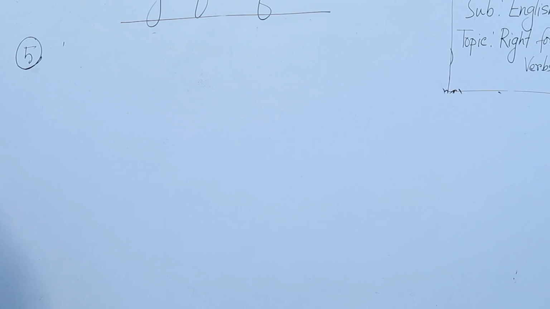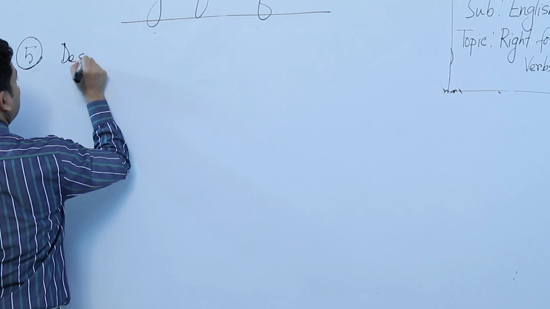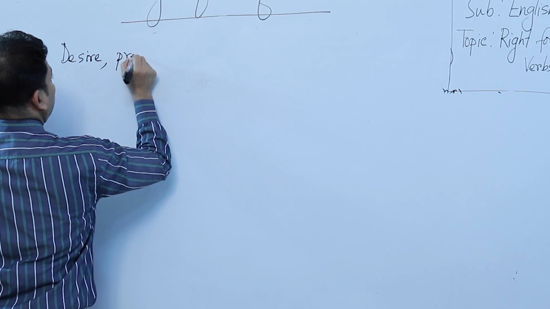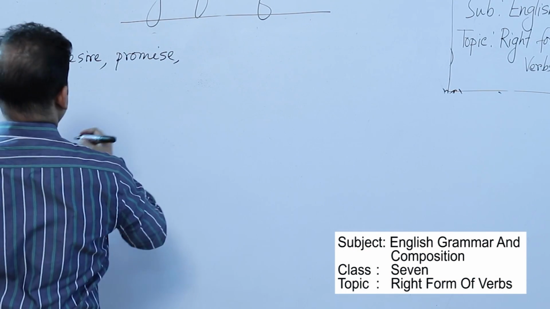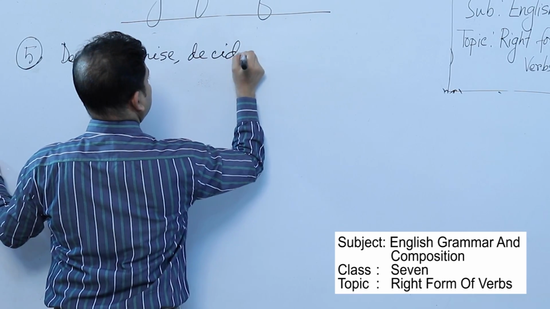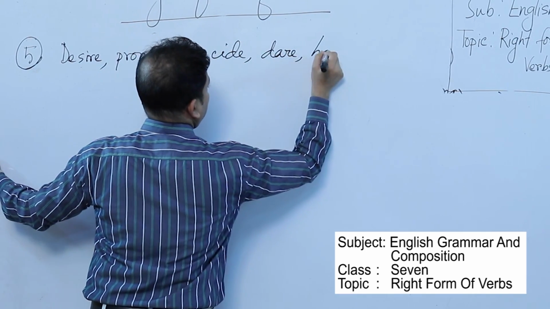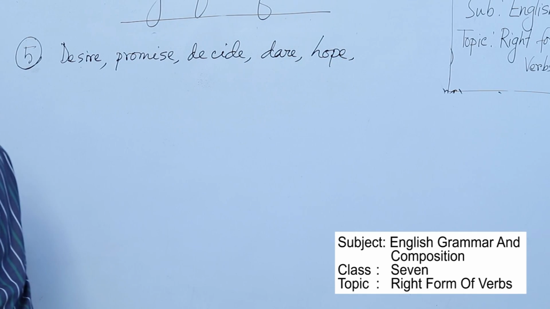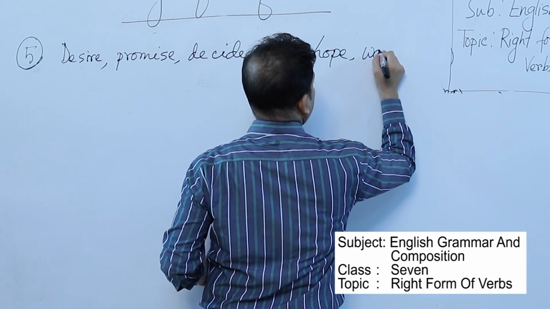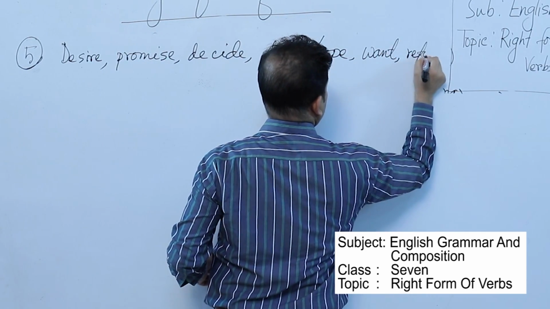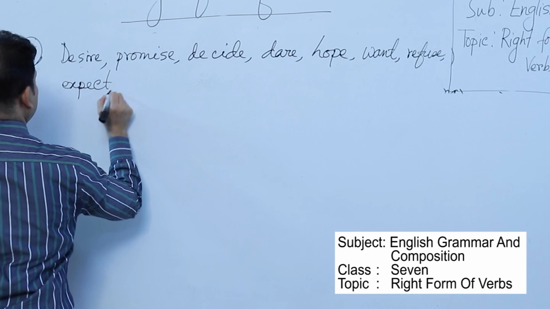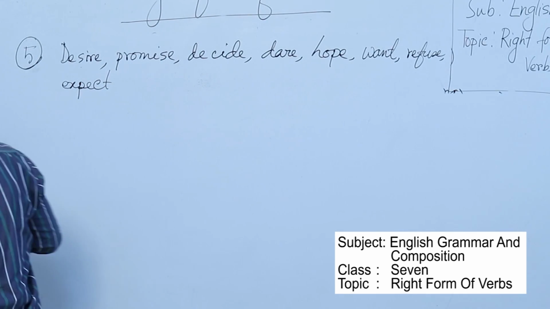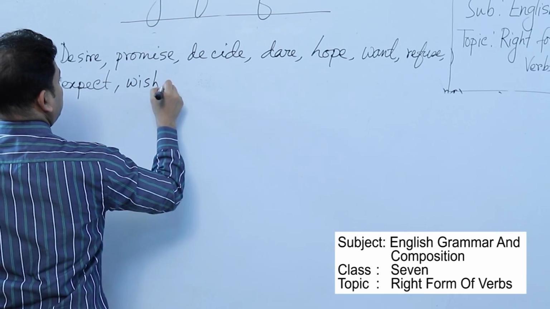So let us focus on another rule, rule number 5. If there is desire, promise: decide, dare, hope, want, refuse, expect, wish, offer.